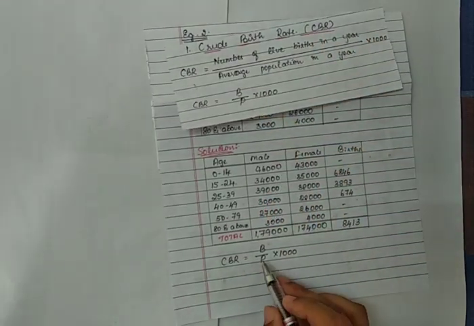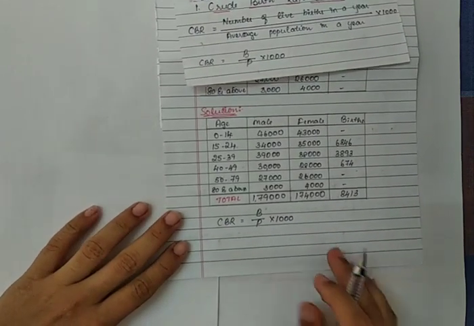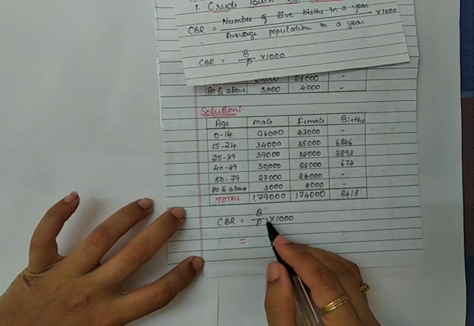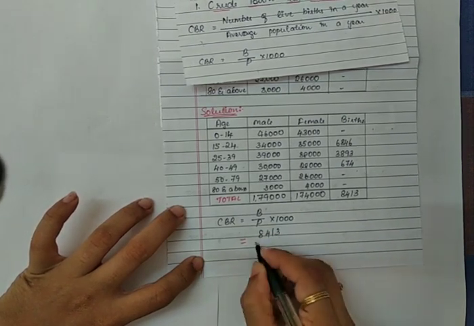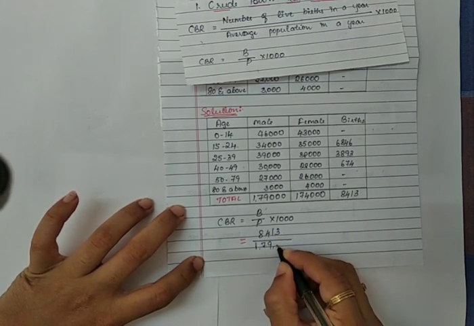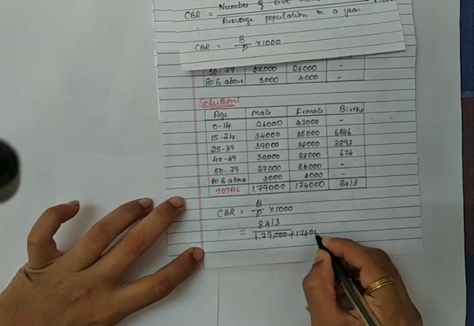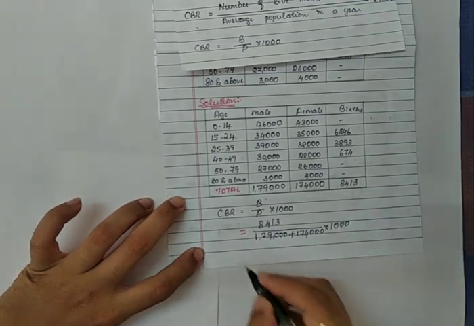So now CBR is equal to B by P into 1000, isn't it? So B is 8,413 divided by P, which is 1,79,000 plus 1,74,000, multiplied by 1000.